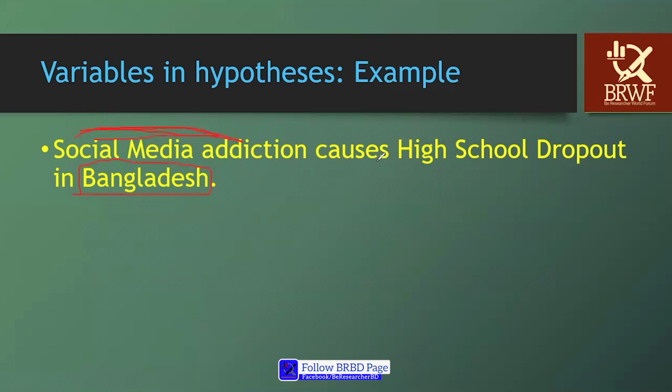High school is also a fixed thing. What is high school? We know, but we don't know it changes. Am I right? Dropout, that means the dropout is a variable. High school can be changed, but the functionalities of high school are the same. So there are many factors: social media addiction, high school, dropout, and Bangladesh.